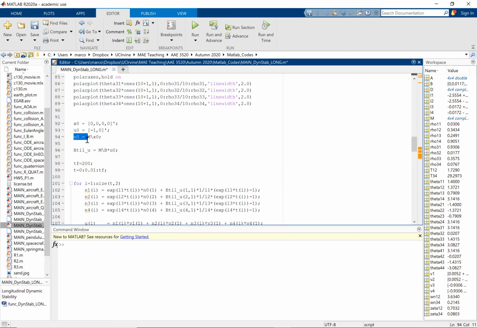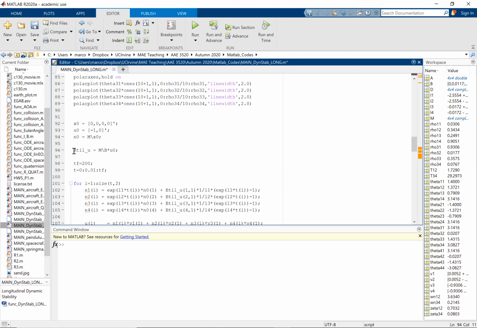Then eta 0 is m backslash x0, and m backslash is the equivalent of m inverse. It's just computationally better to write it this way rather than inv of m.